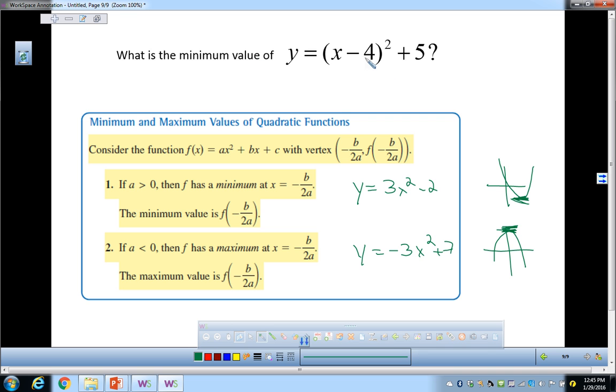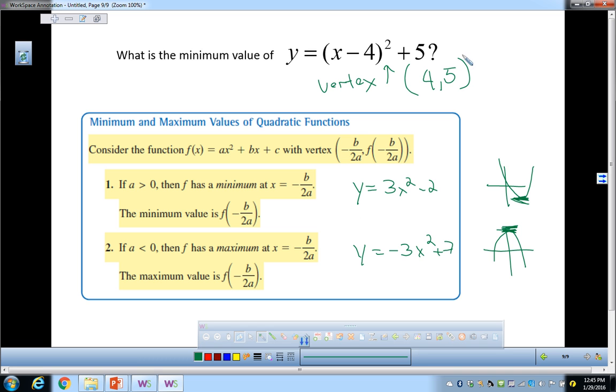Where's the vertex of this parabola? 4, 5. Okay? What is the minimum value? It's not 4, 5.